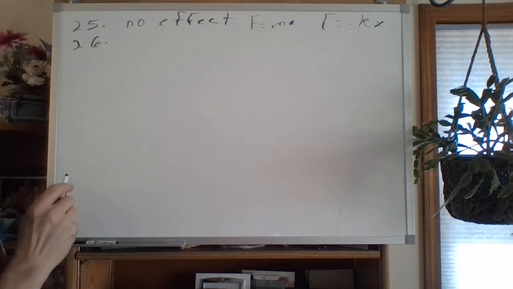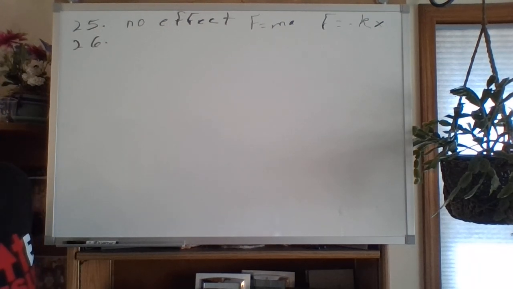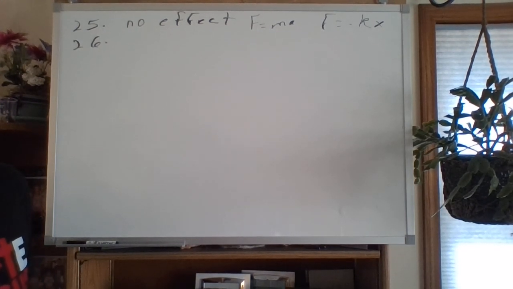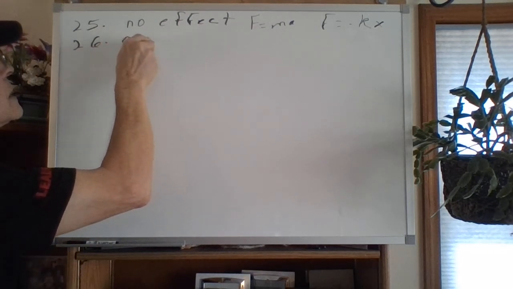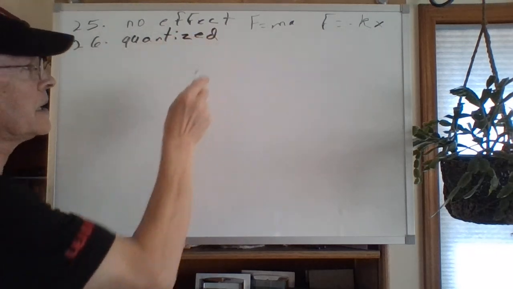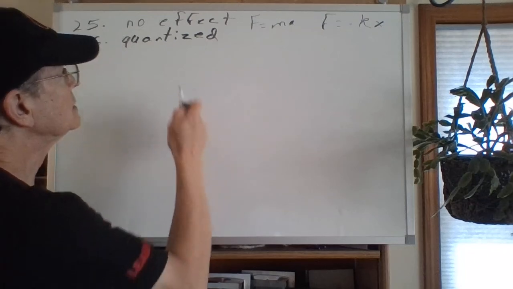Is this 26? Did I skip one? Oh, sorry, 26. Sound waves that a trombone can produce at constant length have something in common with electron waves around a nucleus. In both examples, the waves are quantized. That just means that only certain notes can be played in a particular horn length.